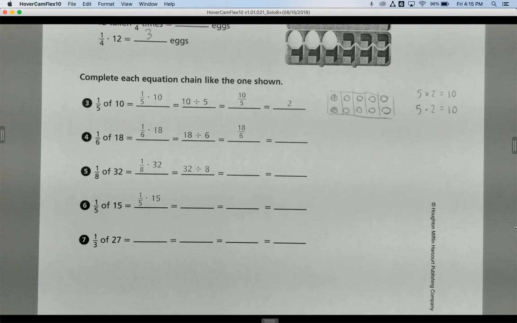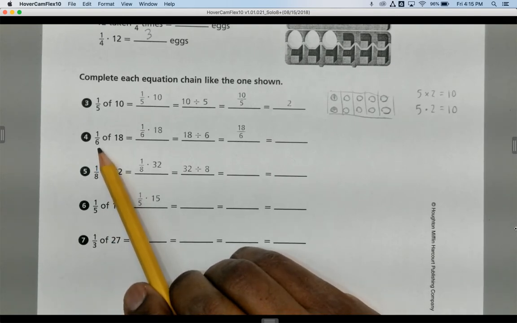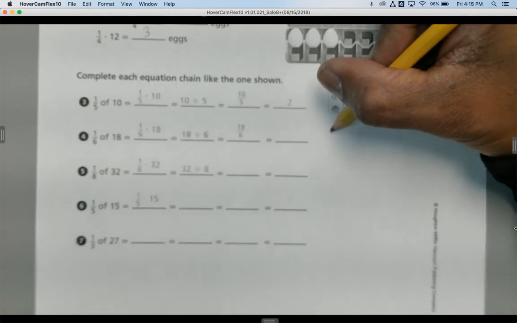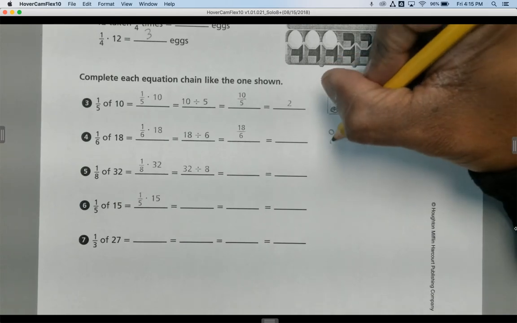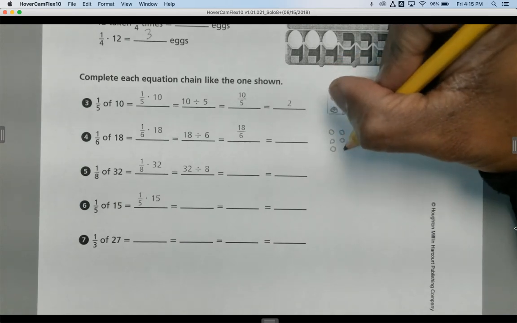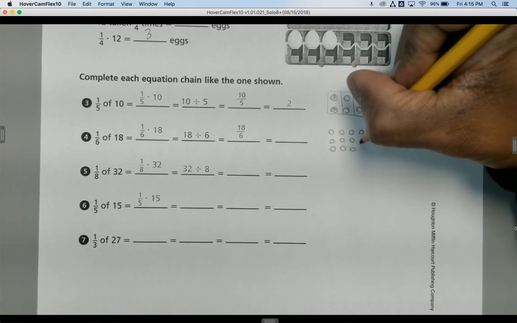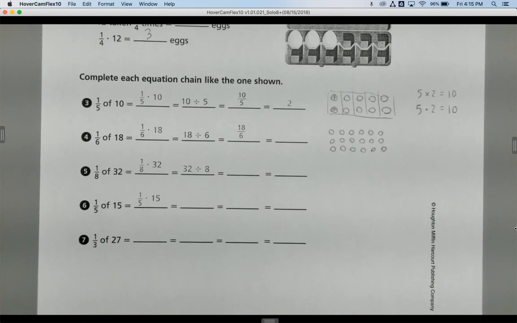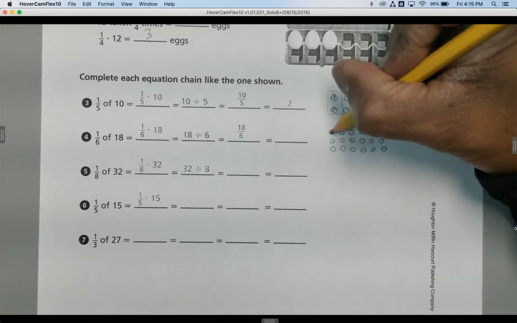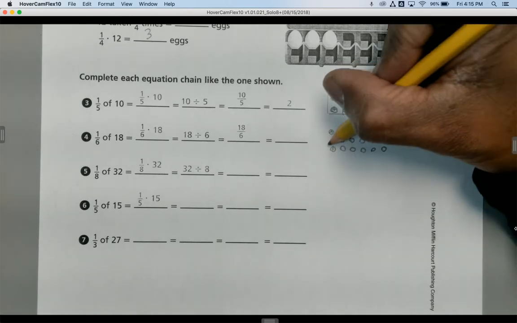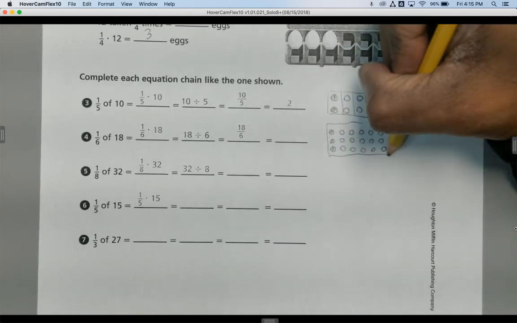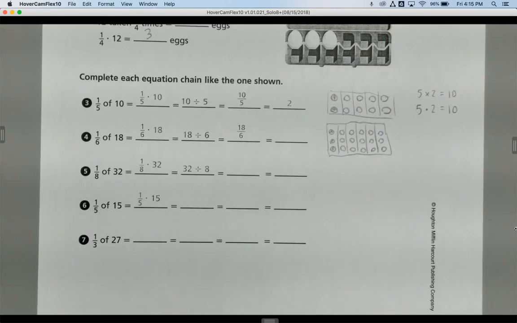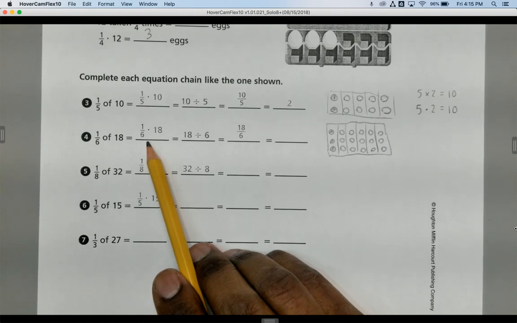Let's look at number 4. If I'm representing 1/6 of 18, again, imagine that I make a model here of 18. And here I'm going to do it like this. 1/6 of 18 could be shown as a multiplication expression, 1/6 times 18.